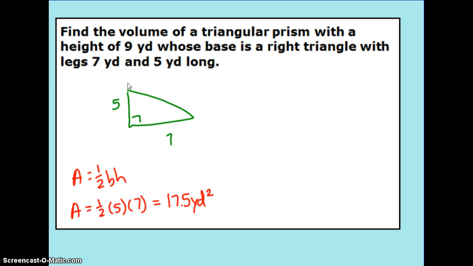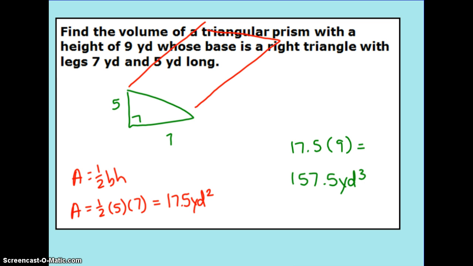Now, if I were to take this triangle and build upon it, this triangle multiplied by the height of 9 yards. So I would take this 17.5 yards squared, let's put 17.5, and I multiply it by 9, that's going to give me the volume of 157.5 yards cubed.